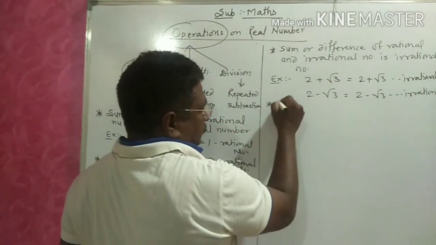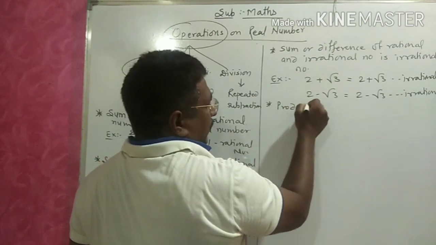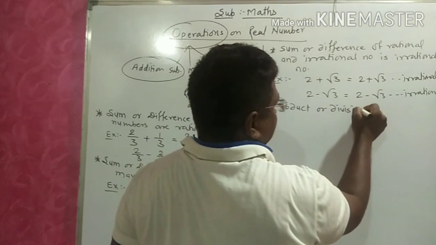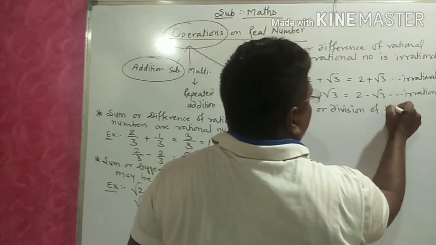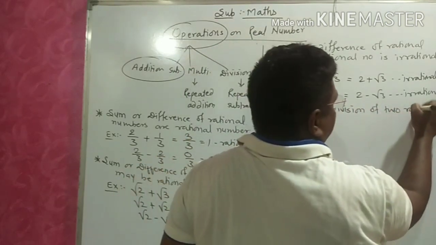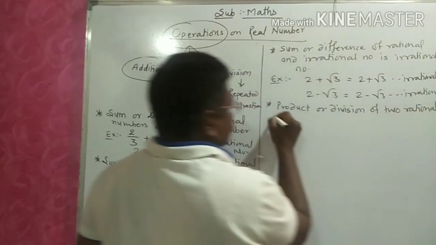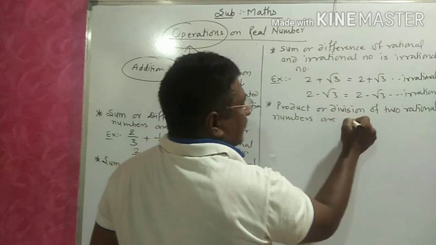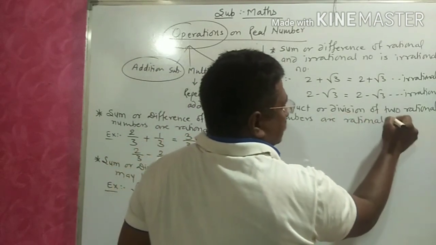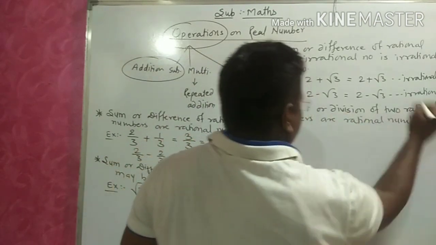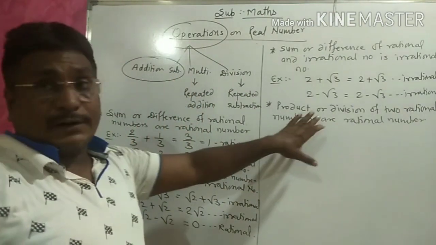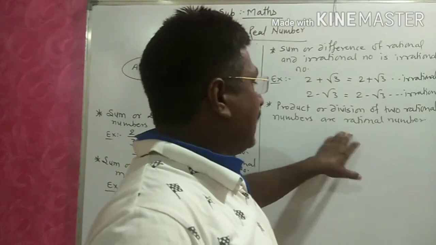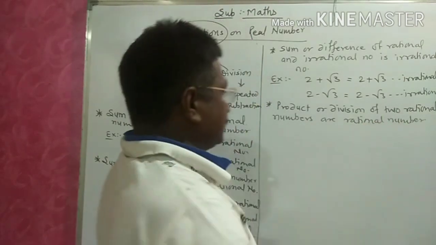Now, the product or division of two rational numbers are rational numbers. What we can say: product or division of two rational numbers are rational numbers.